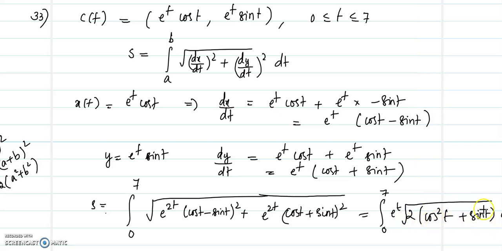We know that cos² t plus sin² t is equal to 1. So we get integral 0 to 7 of root 2 e^t dt. Therefore S will be equal to root 2 times integral 0 to 7 of e^t dt.